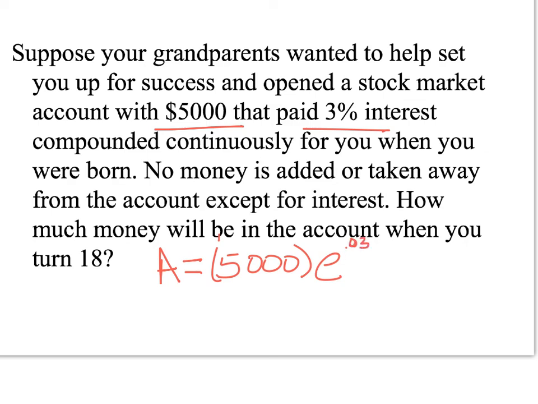You don't need to add it at all. And then t is going to be the time, and since it was when you were born to when you were 18, it's going to be 18 years. And so that $5,000 just sitting in an account will turn into $8,580.03.